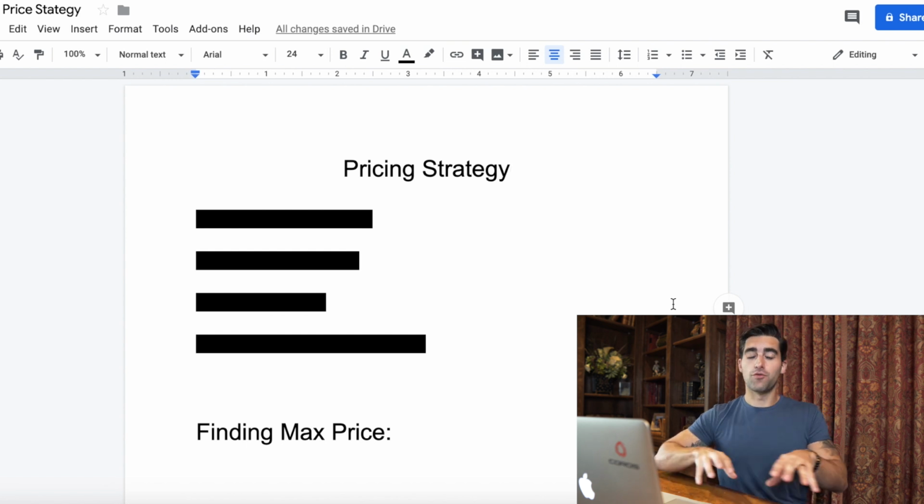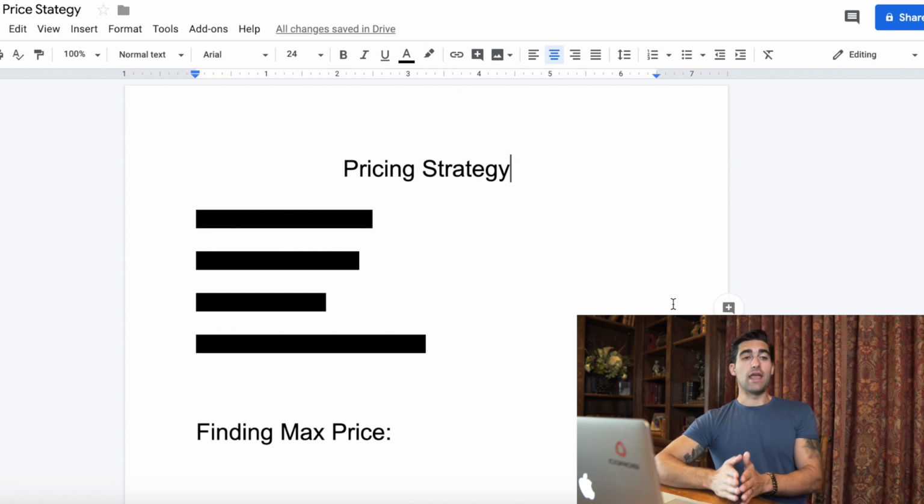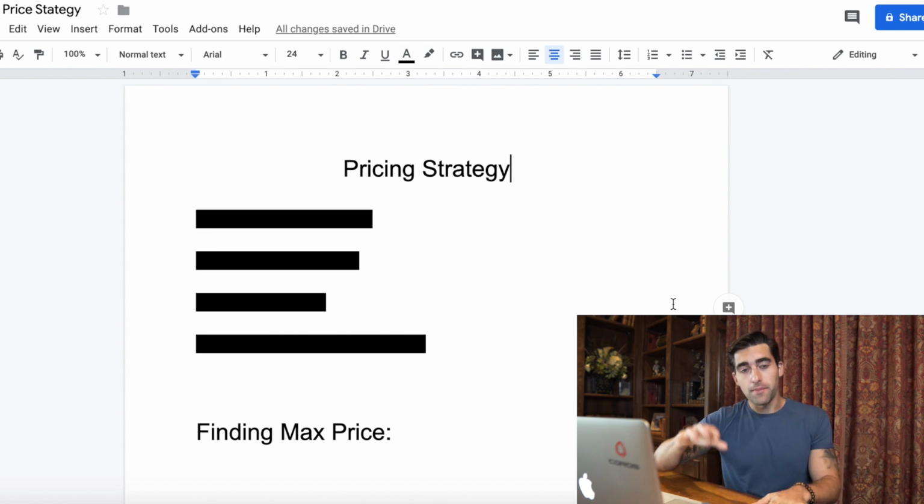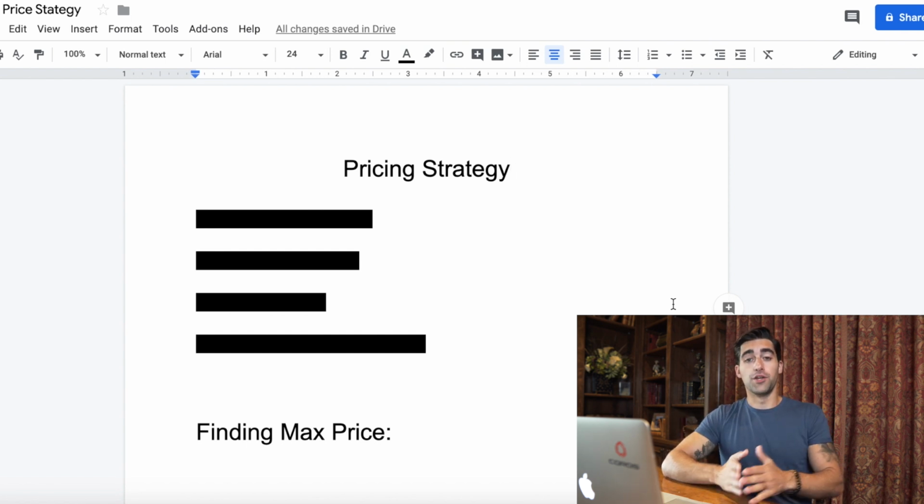Now, the time that you'd want to deviate from this is if it will hurt the overall perception for the product. A good example of this is, let's say you've got a watch store. You might want to use this pricing strategy if you're going for more of a budget strategy. You might want to have a store that you're really trying to be the go-to store for budget watches.